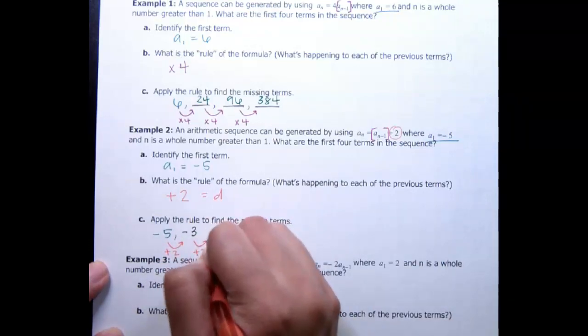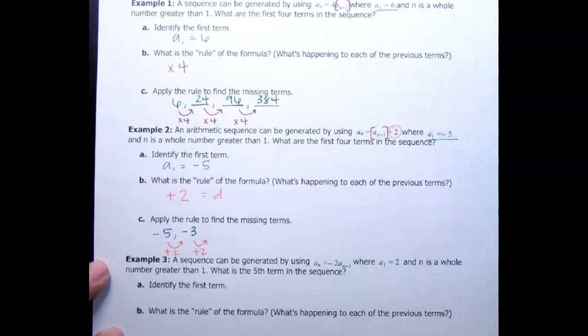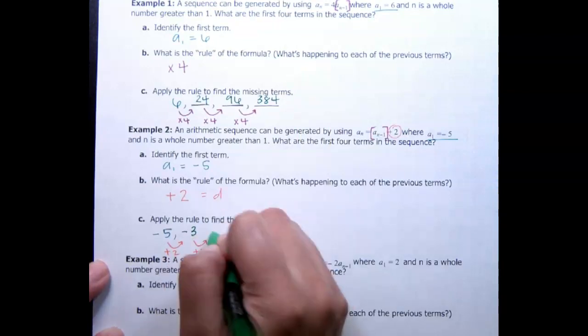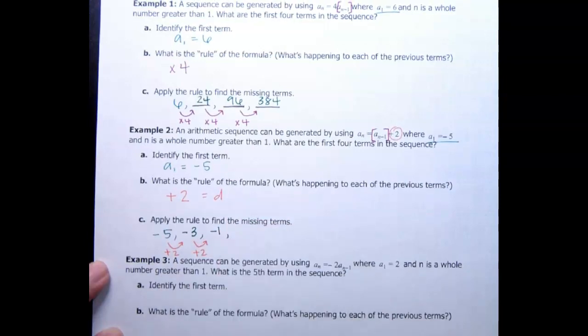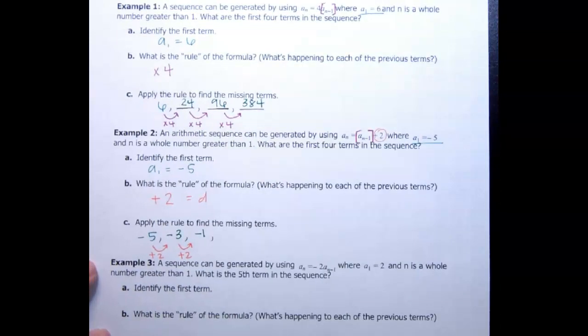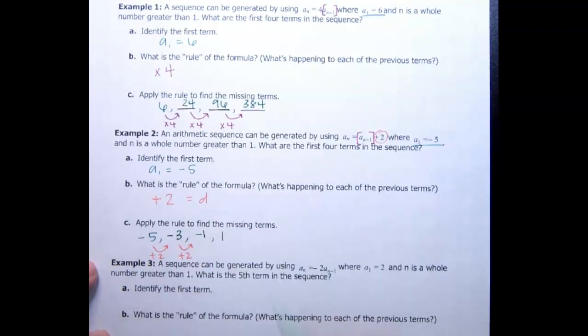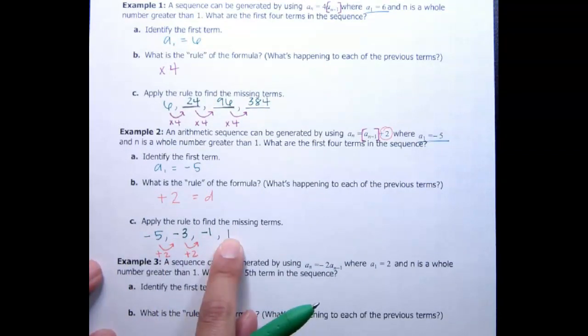I'm going to add 2 again, and that's negative 1. So my next term is negative 1. And then I'm going to add it one more time because I want 4 terms. And my final term is positive 1. So term 1, term 2, term 3, term 4.